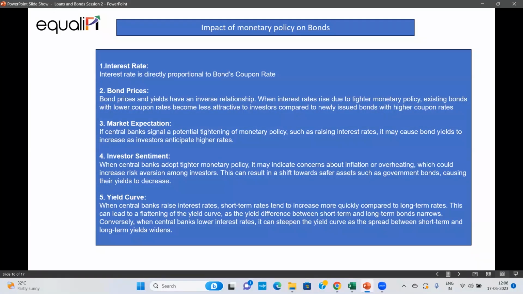Even with the increase in rate by the central bank, something is happening in the equity market which is too attractive. Then does this rule still apply? So what happens is that market sentiment and consumer psychology play a vital role in this particular aspect.